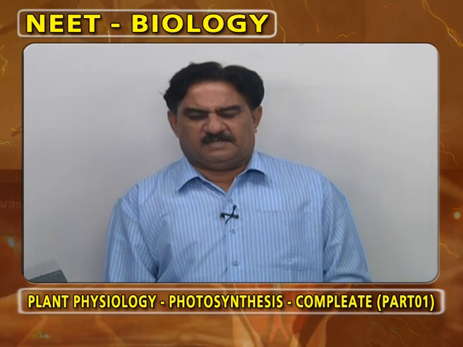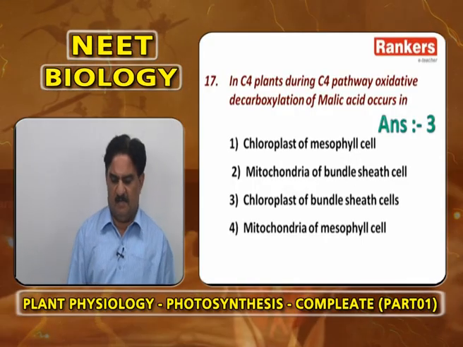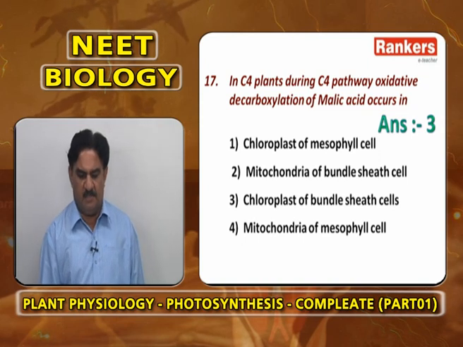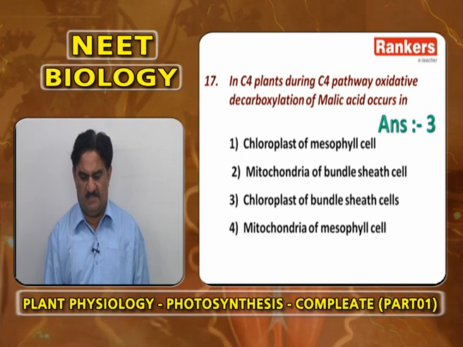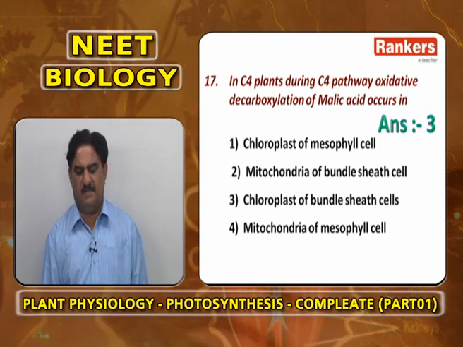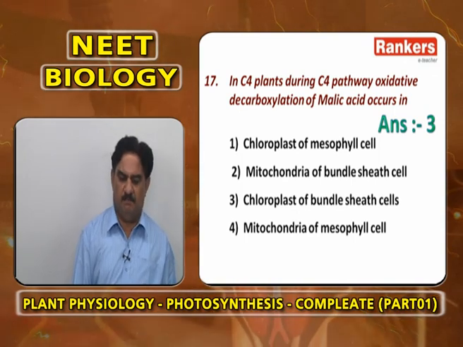So, in C4 plants during C4 pathway, oxidative decarboxylation of malic acid always occurs not in the chloroplast of mesophyll cells, not in the mitochondria of bundle sheath cells, not in the mitochondria of mesophyll cells, but the answer is in the chloroplast of bundle sheath cells.